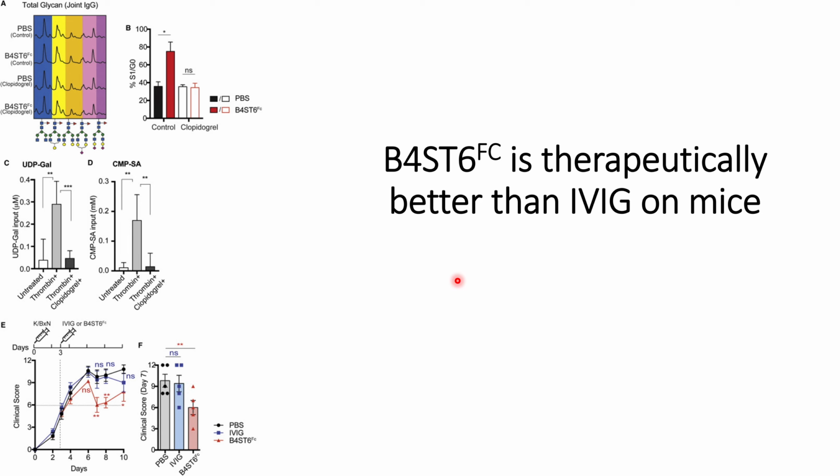So this is what they have finally concluded, that their engineered glycotransferase engineered antibodies, when they are co-administered in the mice models, will cause suppression of the inflammation compared to the IVIG, and the IVIG's results towards suppression of the inflammation are not significant and seem to be similar to the control case.